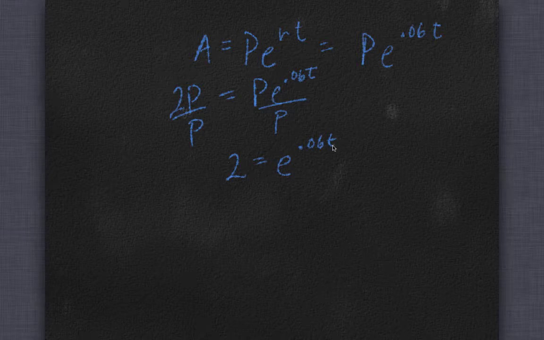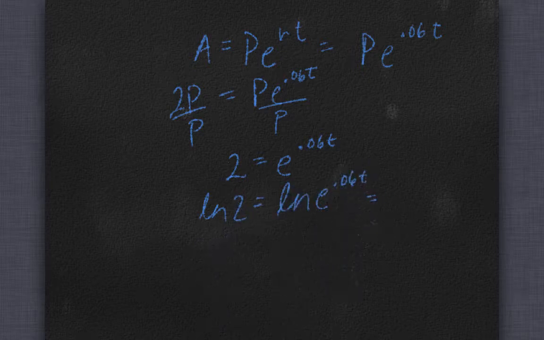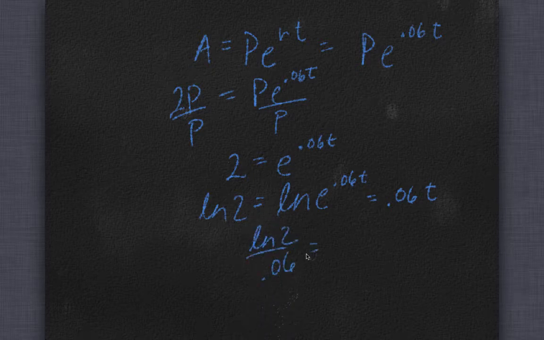Because I want this t out of there, I need to have logs. So I'm going to take a log on both sides. And so that cancels. So then natural log 2 divided by 0.06.